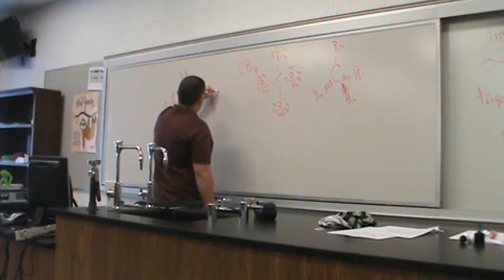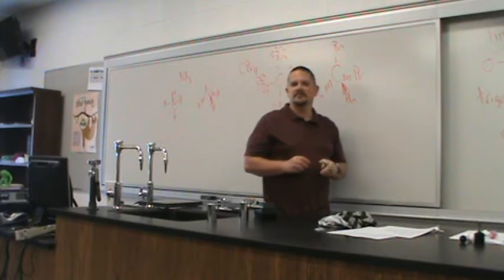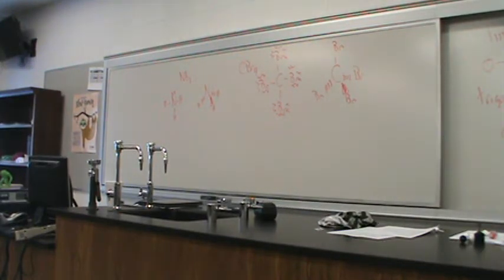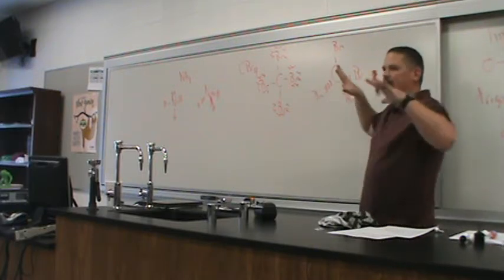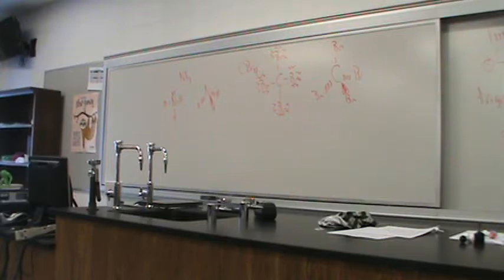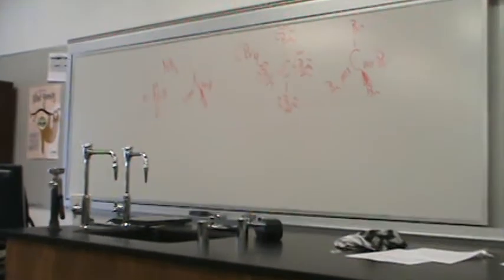Alright, so NH3's VSEPR shape is trigonal pyramidal. And as I said, we don't want to show any lone pairs. Are they there? Yes, absolutely. The lone pair on the nitrogen is pushing the bonding electrons to each of the hydrogens out, and it gives that trigonal pyramidal shape to it.